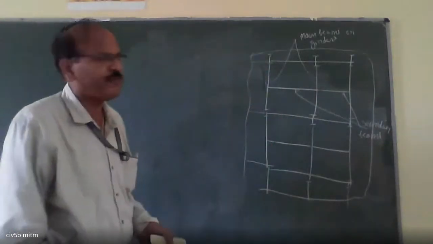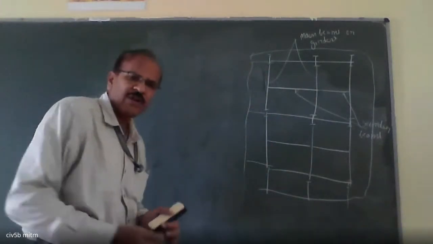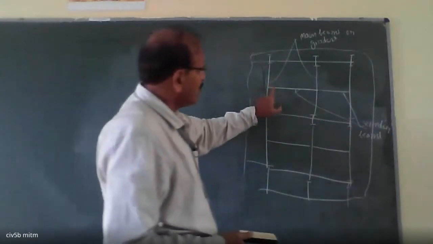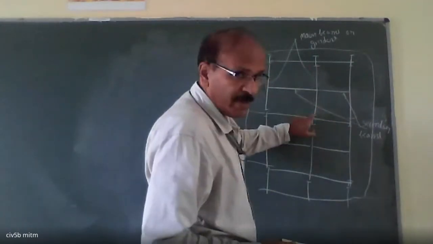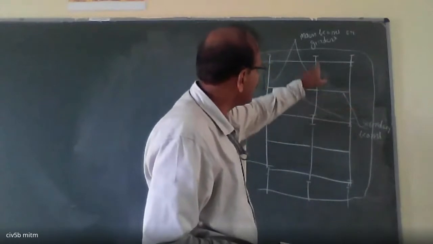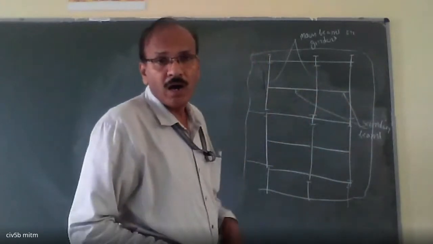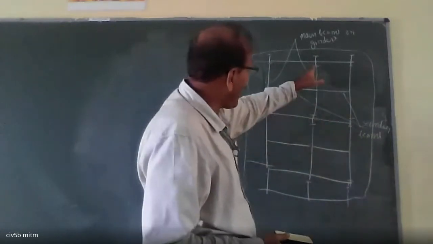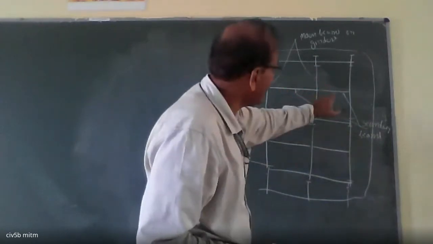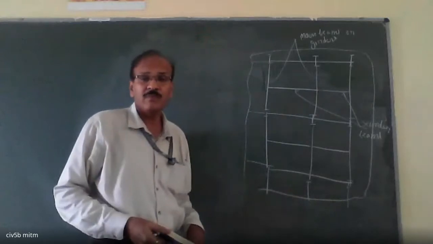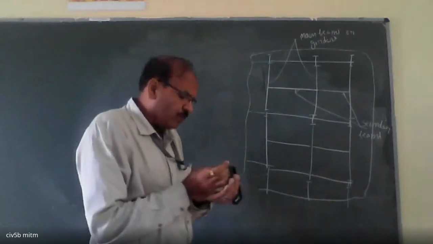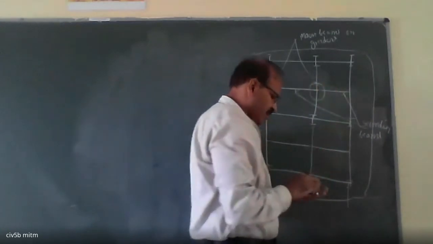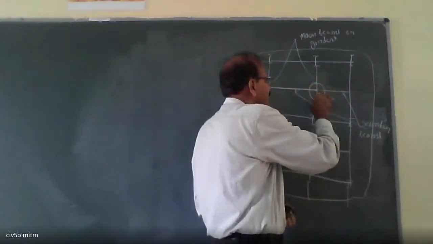You don't have to write this figure. I have given this figure in the beginning of the module. So this is sitting on the main beam and this is sitting on the main beam. Obviously, this main beam is carrying more load. This will have a higher section when compared to the secondary beams. What I am going to do now is show the joint details of this part.